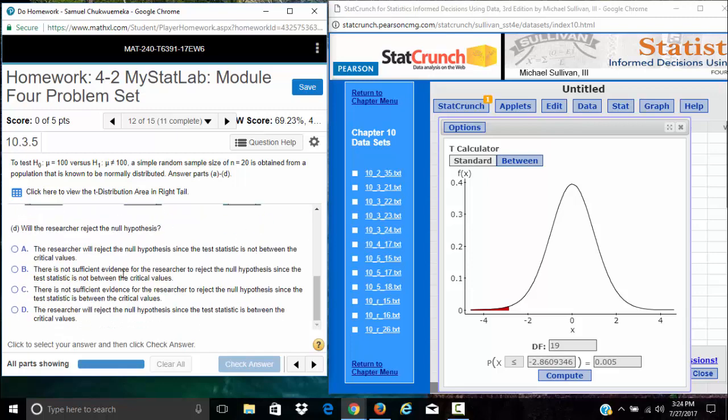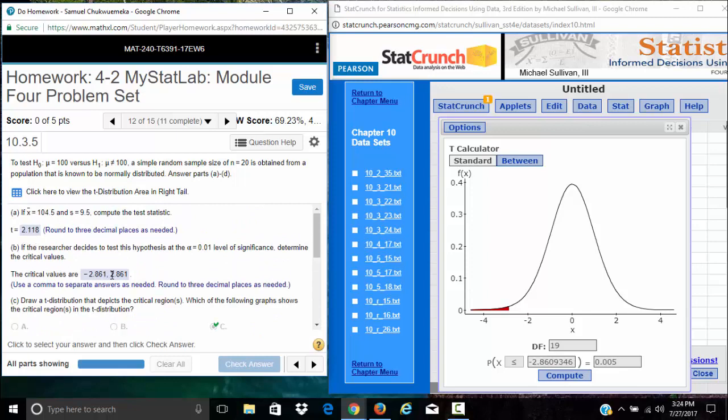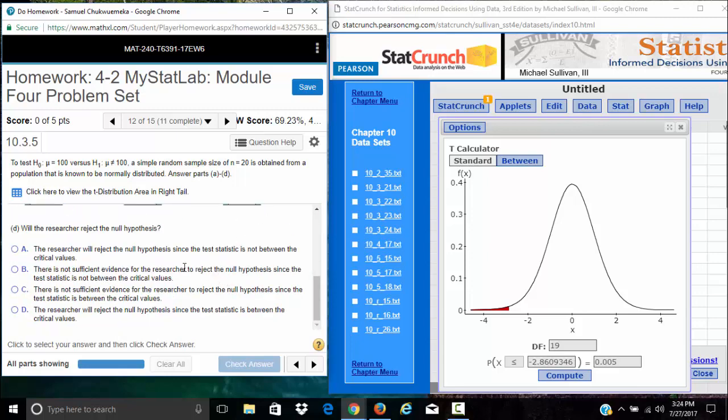You look at this, compare the T-stat and the critical values. You compare 2.118. Is it included in this interval? If it's included, then there is not sufficient evidence to reject the null.